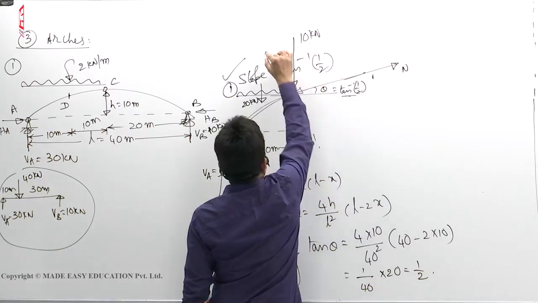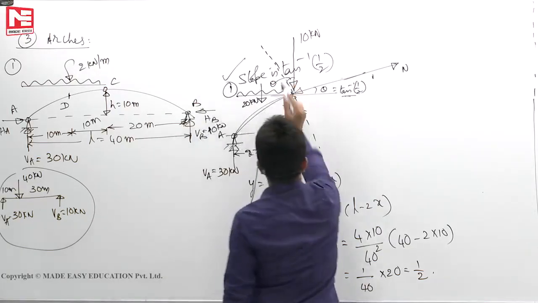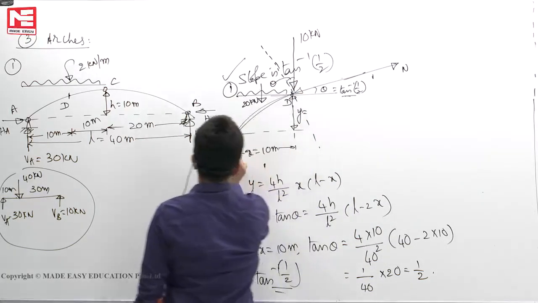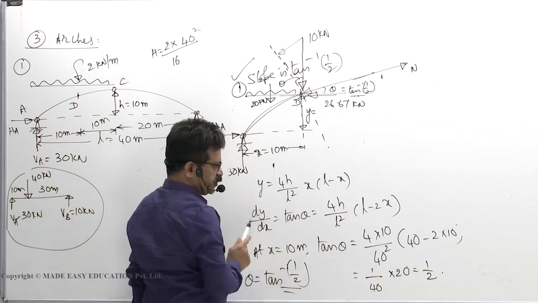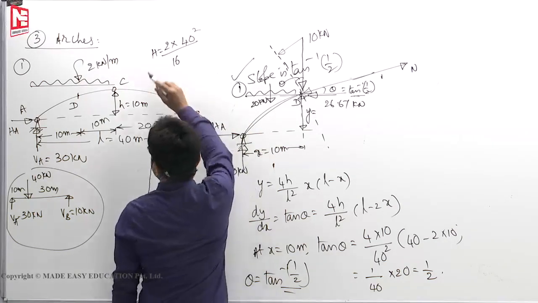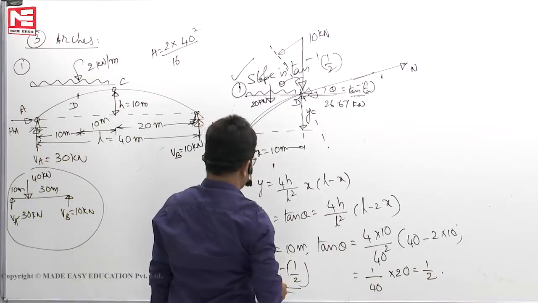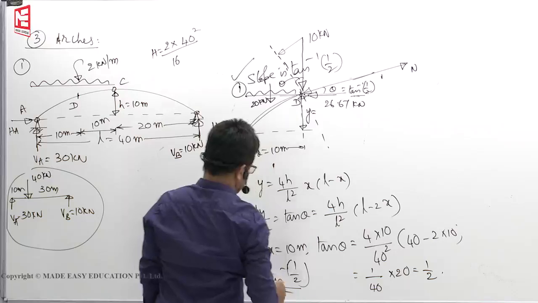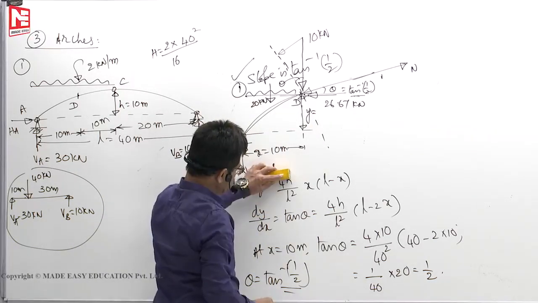Okay, so this we know theta. This is theta, this is also theta. Now we have seen theta is equal to tan inverse 1 by 2. This first statement was correct. Now the second statement, he is asking about normal thrust at this point. To find normal thrust, this part I will remove.